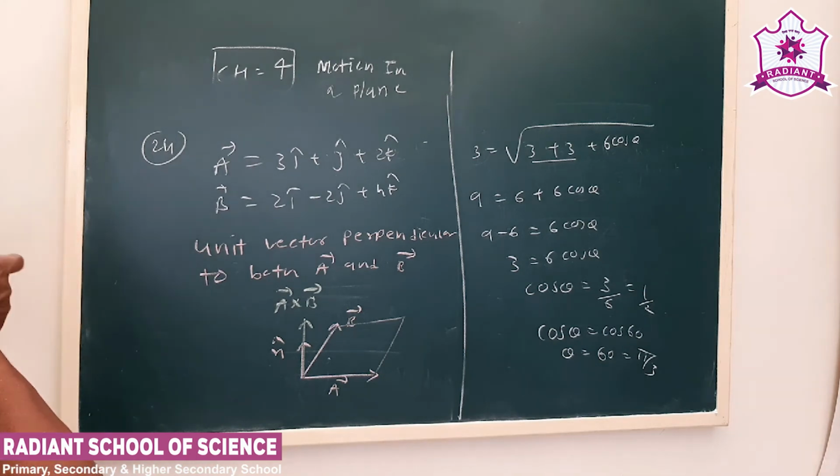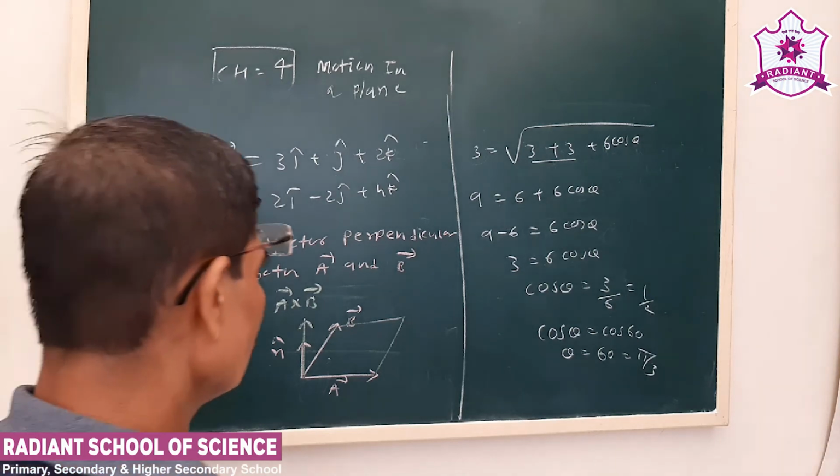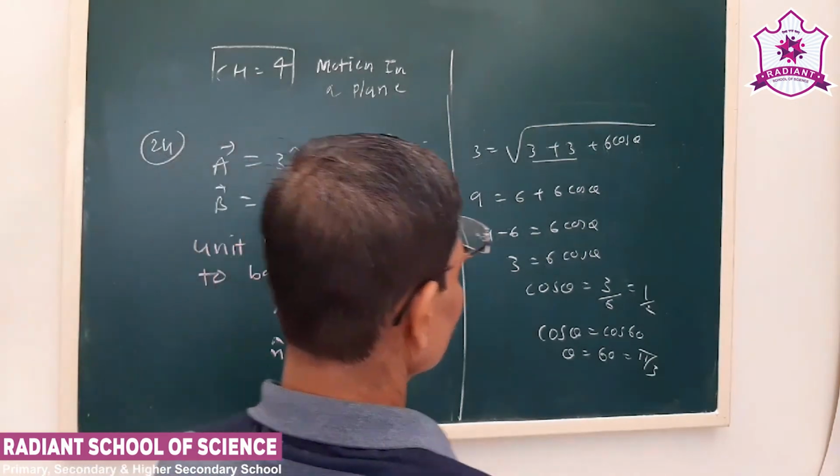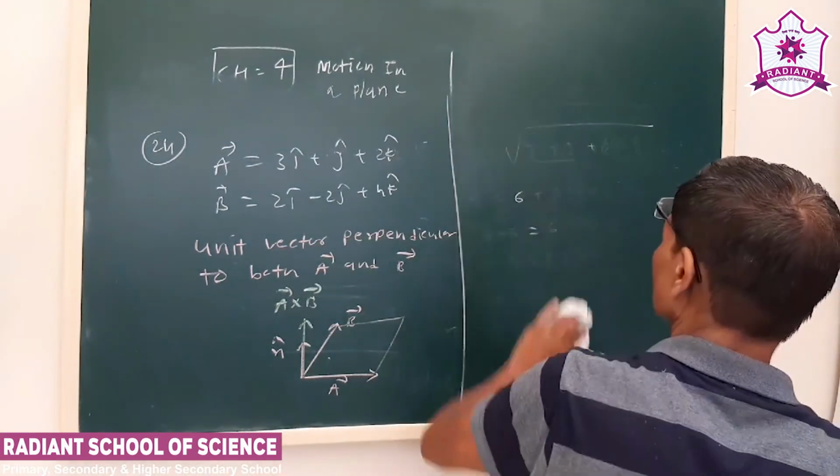So what do you have to do first? See, first you have to find out the vector product. Okay, see the question is 3i plus j plus 2k, 2i minus 2j plus 4k. So what do we do first? First we find out the vector product.